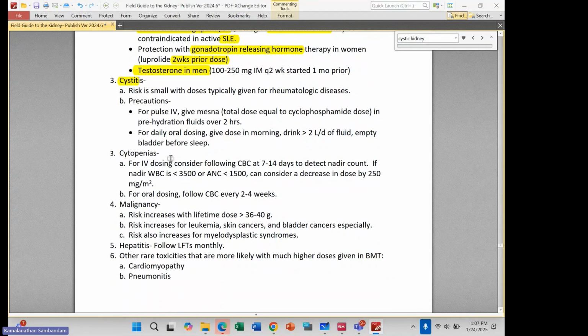Okay, cystitis is the other risk to be aware of. Some people don't really pay attention to this. For instance, Ramesh, it's my understanding, he's obviously a very experienced nephrologist, doesn't worry too much about Mesna.